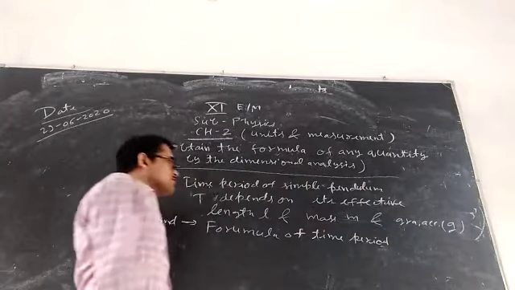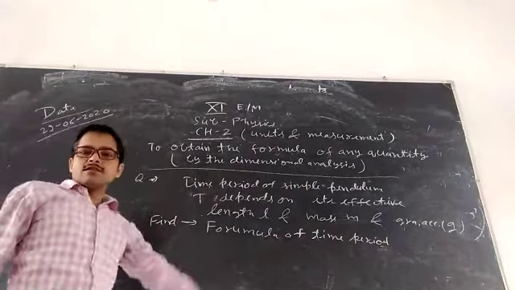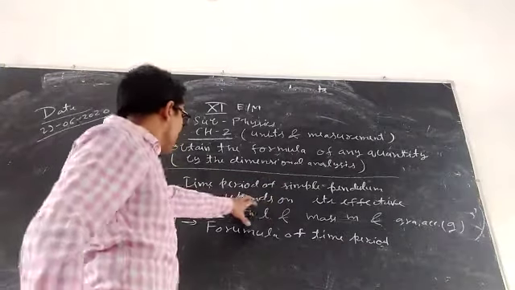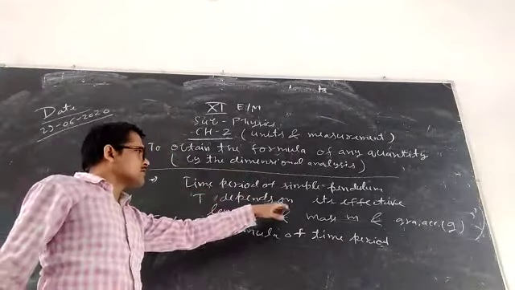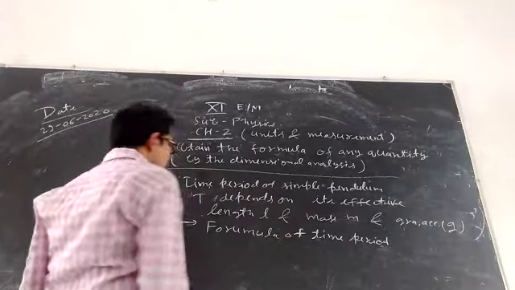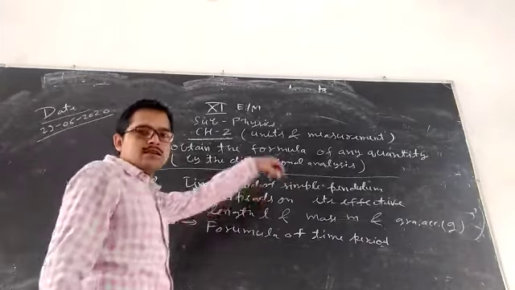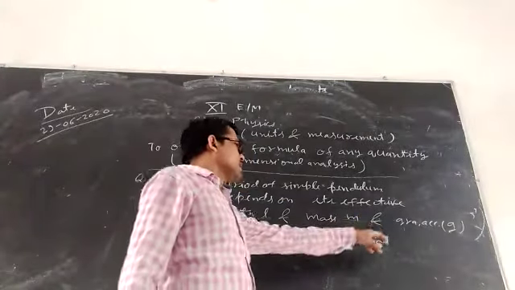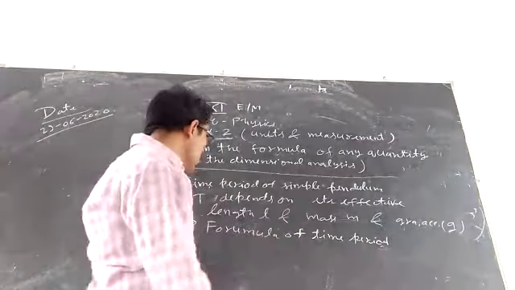Okay, students, first you know that the time period of a simple pendulum T depends on which quantities? The effective length L, which means the length of the string, the mass M, and gravitational acceleration G. Clear?